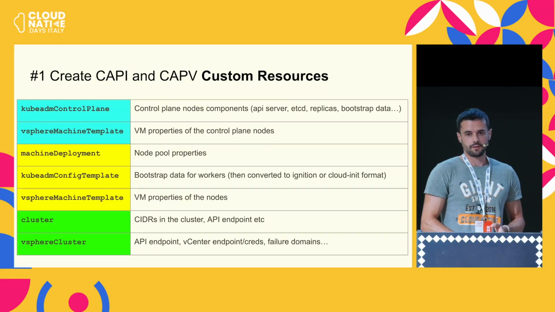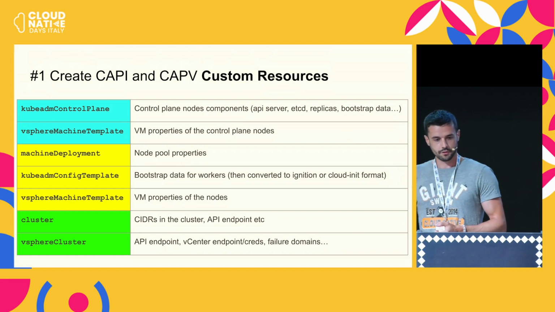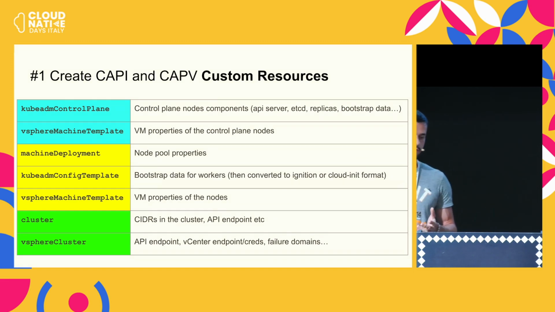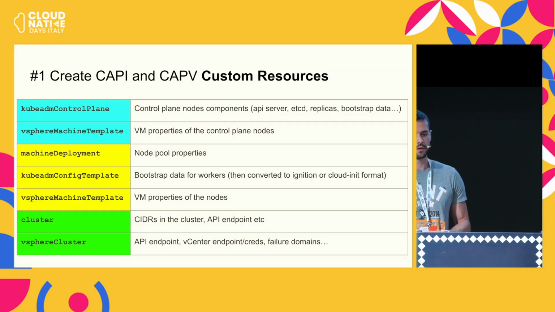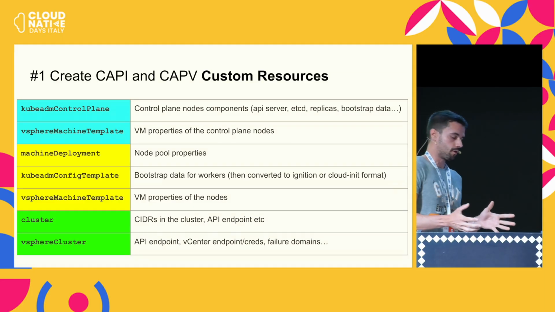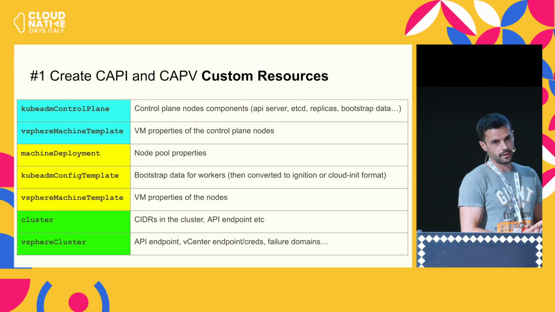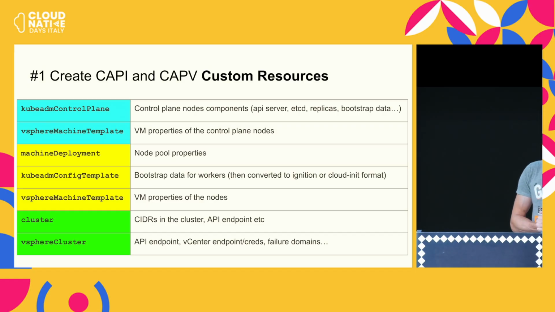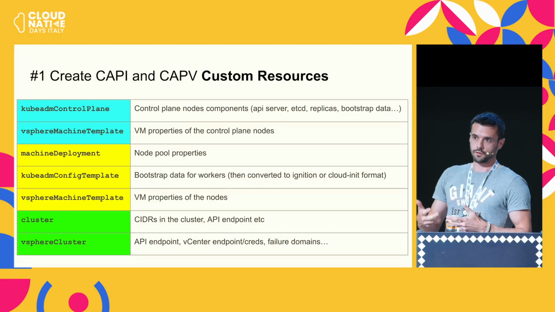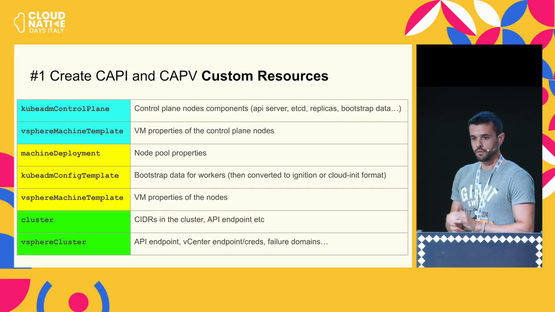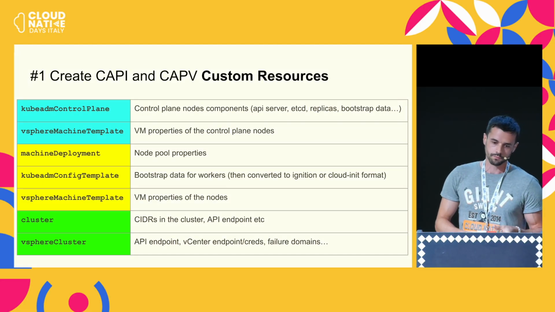The first one is we need to create some custom resources, like I mentioned. The blue ones are the control plane stuff. The kubeadm control plane resource will introduce all the specifics about our control plane: what you want your API to look like, etcd, how many replicas you want, how you want to bootstrap your nodes, so files, users, scripts, all these things you can specify in that resource.